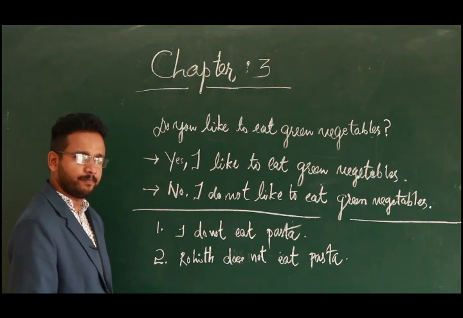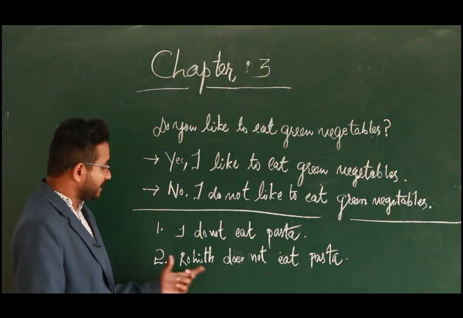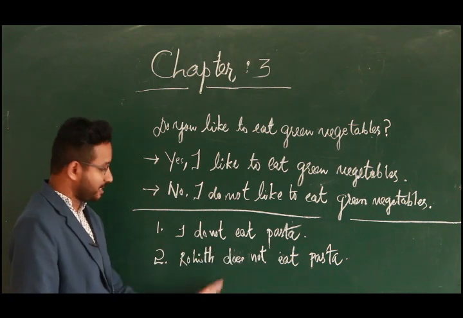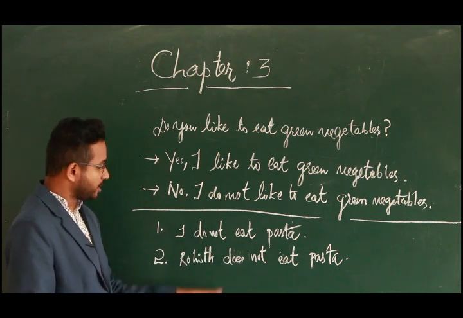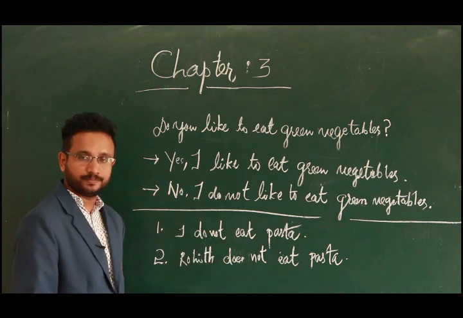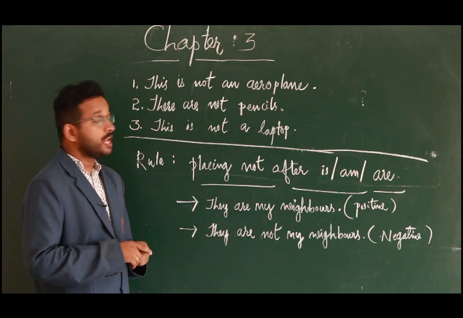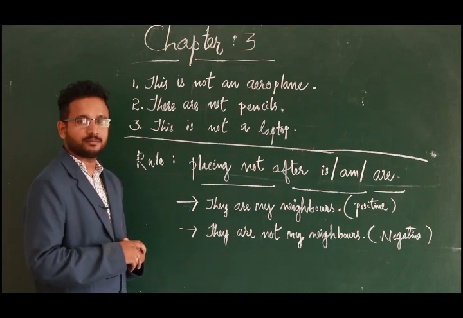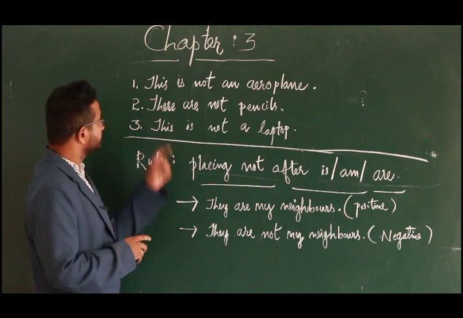What do you see? For the third person singular, we have added does plus not. I do not, Rohit does not. Dear students, now let's look at some more negative statements or sentences.